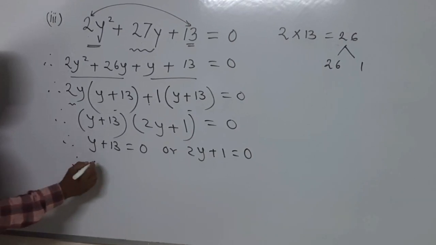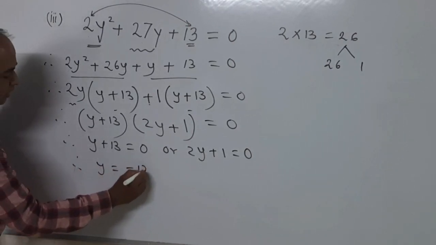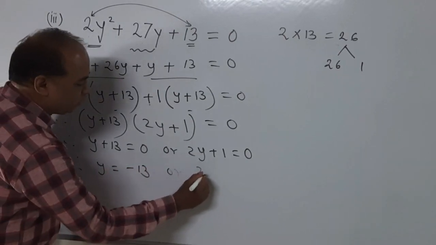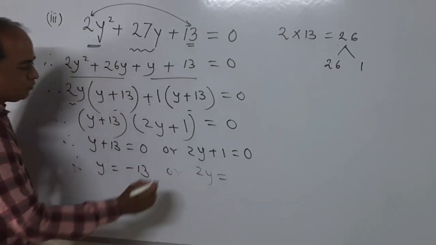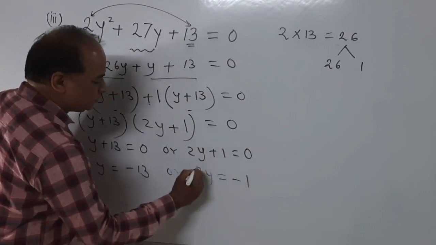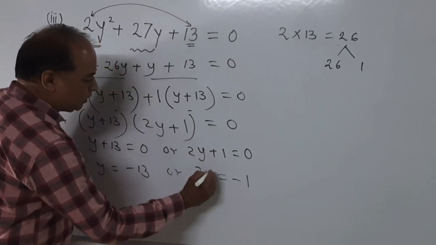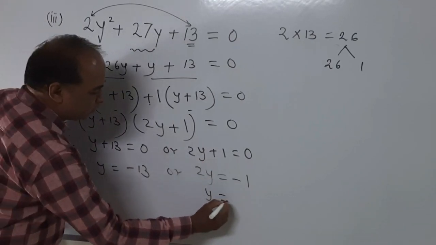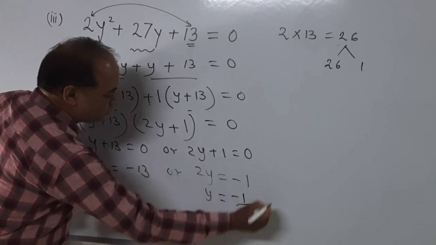Therefore y is equal to minus 13, or 2y is equal to minus 1. Therefore y is equal to minus 1 upon 2.